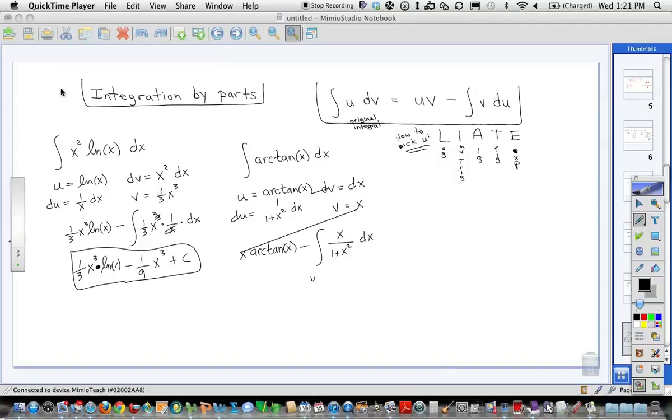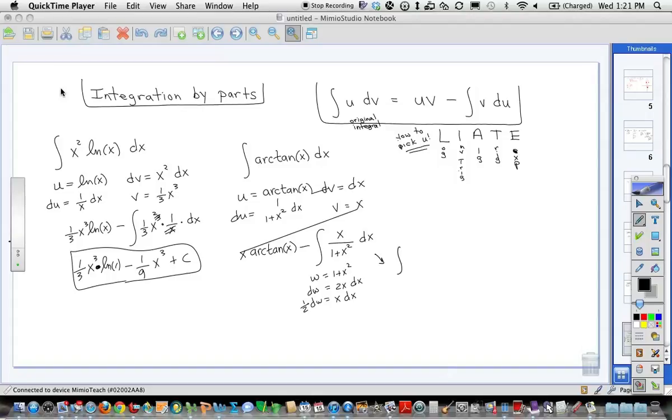But what you'll see in the books, a lot of times they'll do w. We already use u and v, so we'll use w. So what would you let w equal? 1 plus x squared. And dw would be 2x dx, move the 2 over, which takes care of the x dx.